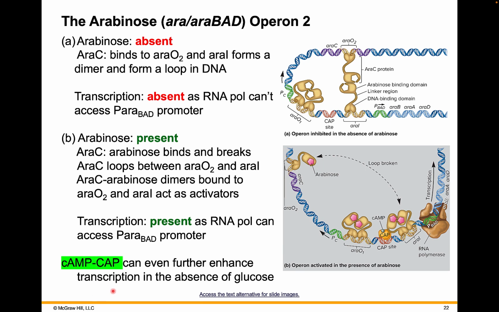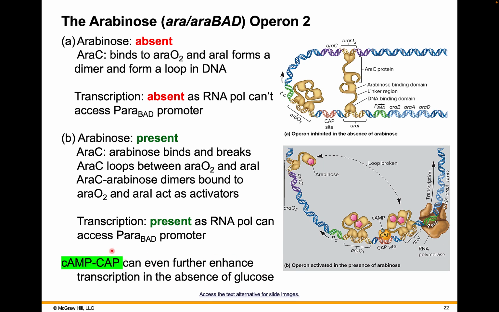Now what happens when there is absence of glucose, you produce cyclic AMP. And when the cyclic AMP is produced in absence of glucose, it binds to the catabolite activator protein, which is next to the AraI region. So even the recruitment of the catabolite activator protein can enhance the binding of the RNA polymerase.